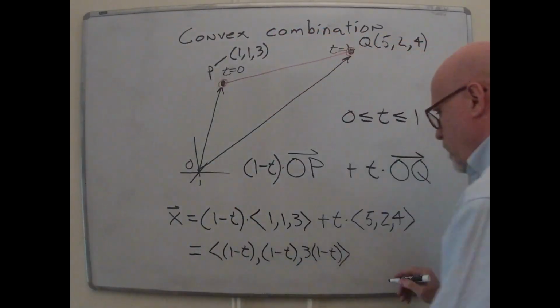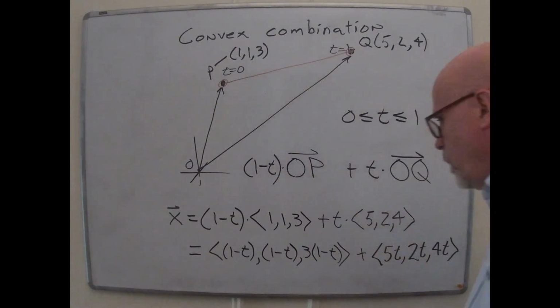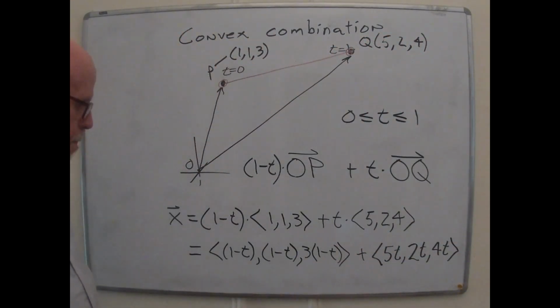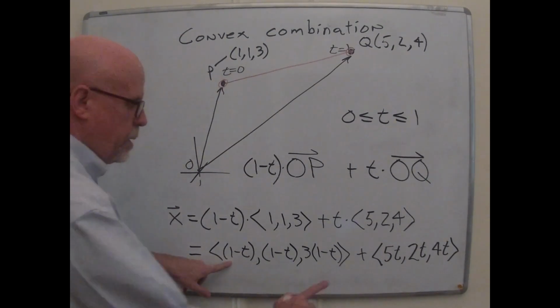Our second vector, I don't have much room for it, but it's okay because it's smaller. It'll be 5t, 2t, 4t. Okay, now let's add those things together. The x coordinates are 1 minus t plus 5t.